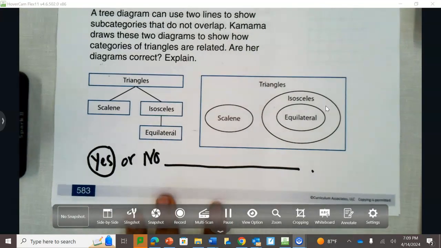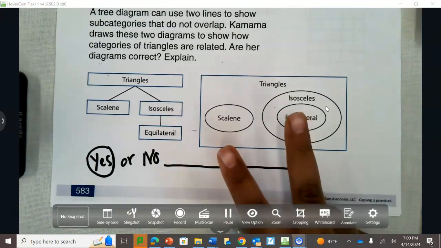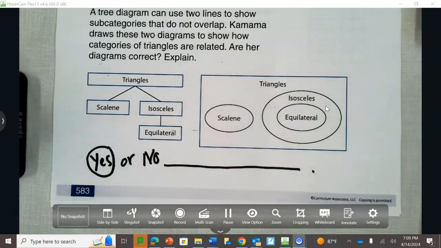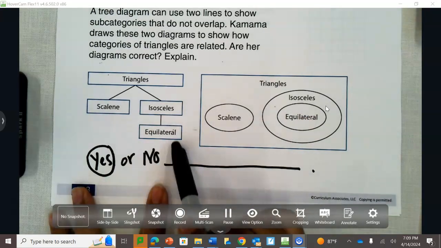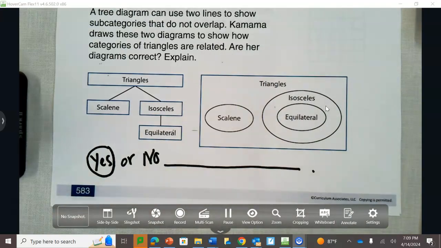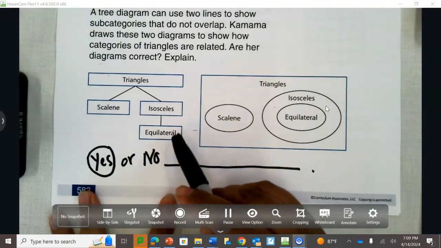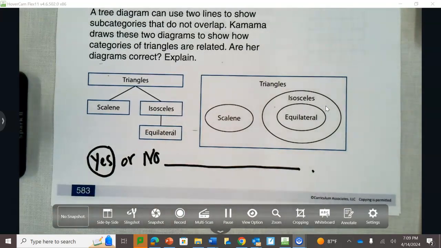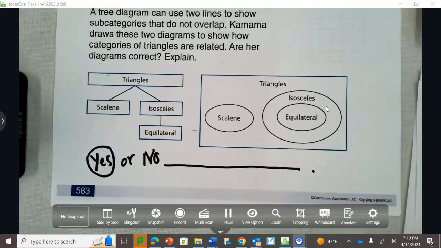Scalene means no equal sides. Isosceles means at least 2 equal sides. And then we have the equilateral triangle, which means it has to have 3 equal sides. So this is our most specific triangle. The more we are towards the center or towards a subcategory, the more we're showing that this is the most specific triangle. So both diagrams are showing the same thing.